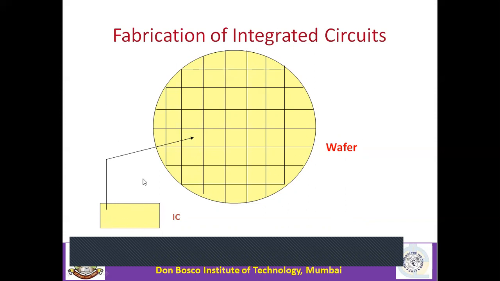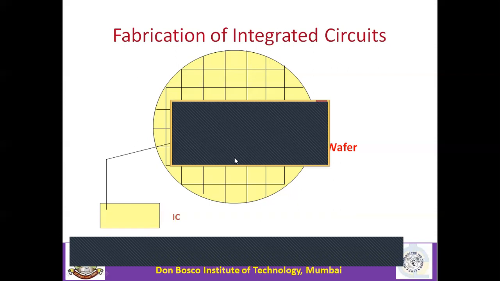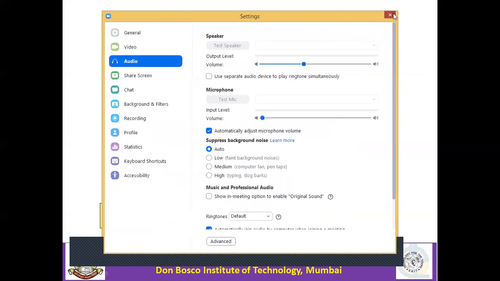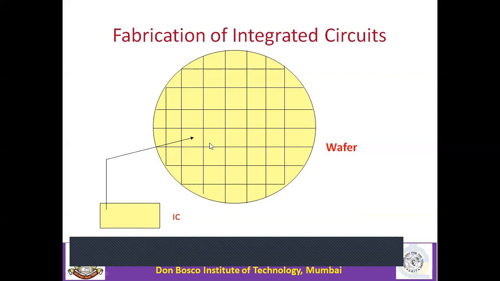So you can see in one circular disc or wafer there are so many chips, each one an integrated circuit. Suppose on this wafer, maybe it is fabricating 20 to 25 devices. So one wafer can fabricate 25 ICs.